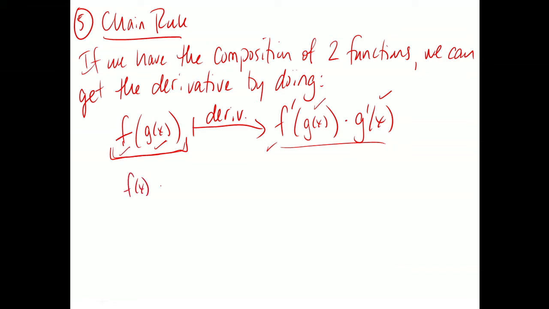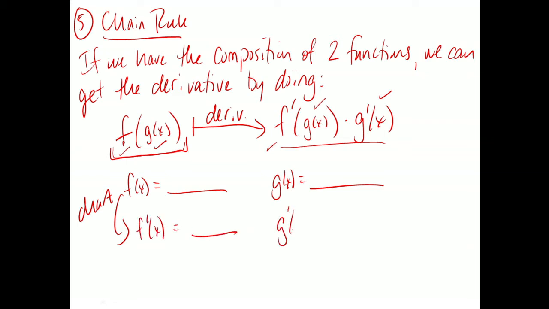So I'm going to do what I've always done, which is to say, tell me f and tell me g. And then I'm going to probably use the chart or some other rule to tell me the derivative of each. So do the derivatives. And that means I'll know these four things.